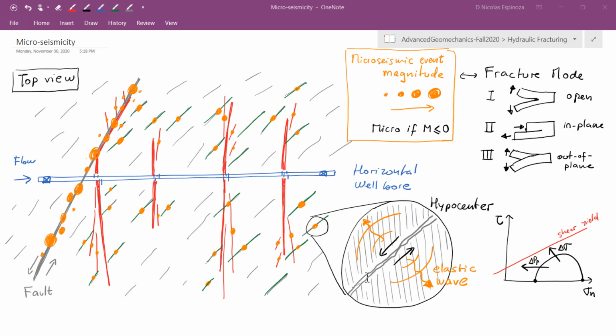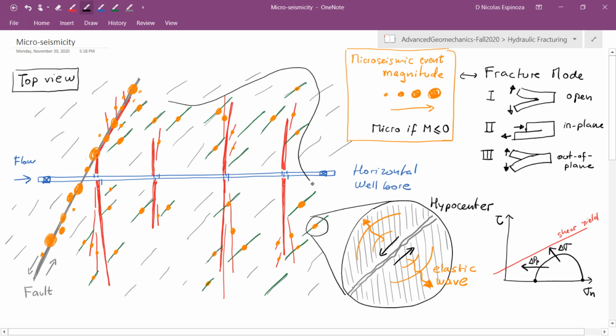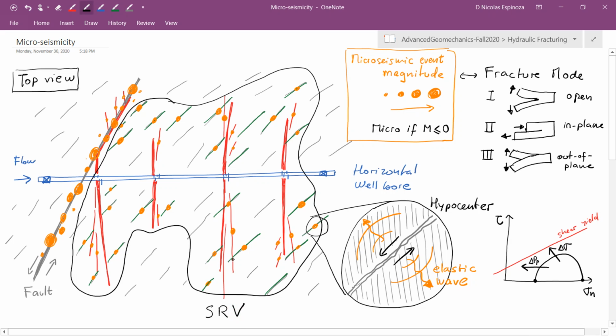All right, so the stimulated reservoir volume is going to be the region of the reservoir which feels the effect of the stimulation, such that this area is going to be the area which is most likely to contribute to fluid flow once a drawdown of pressure is applied on the wellbore and also in the fractures.